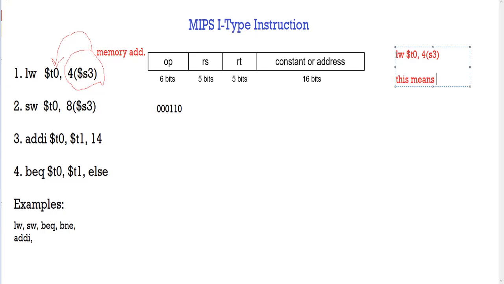This means move the data inside the memory address 4(S3) into the register T0. So 4(S3) basically means this: it's the memory address represented by 4 plus the address of S3.